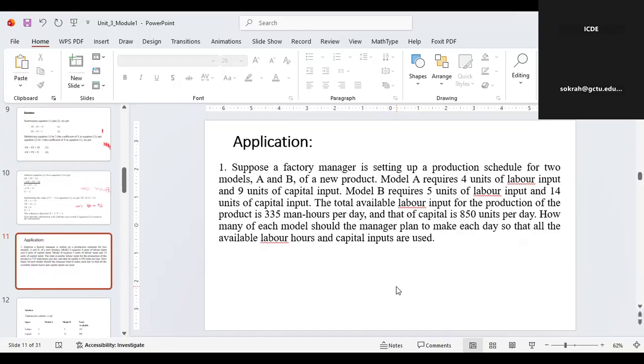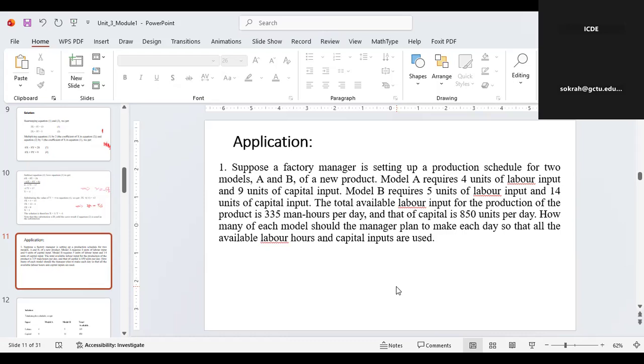So let's apply, if we have understood simultaneous equations, let's apply it and see how it works. So let's take an example. Let's look at this application question. The question says, suppose a factory manager is setting up a production schedule for two models, Model A and Model B, of a new product.